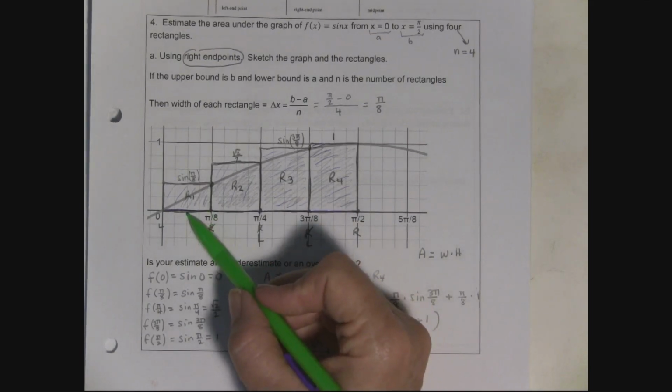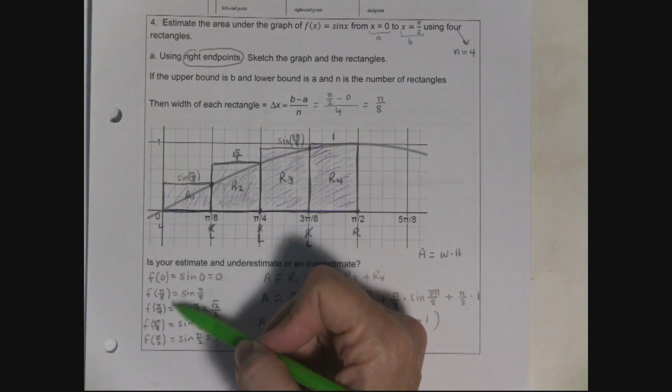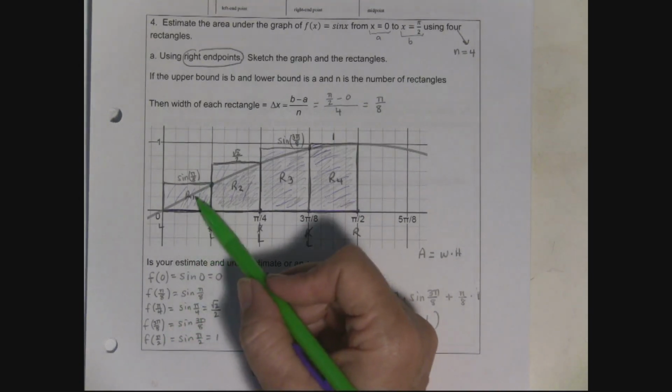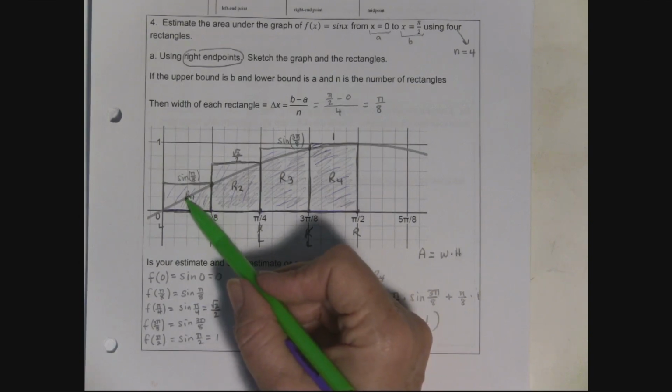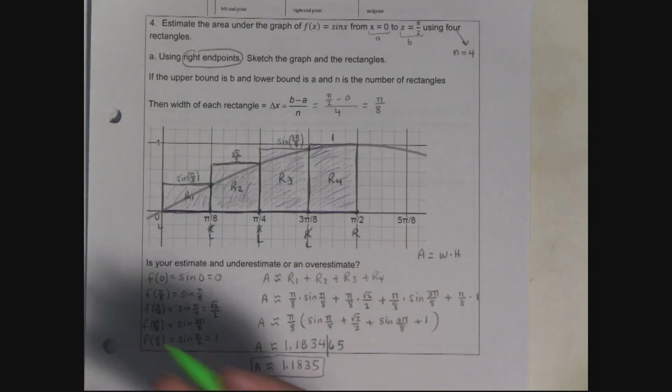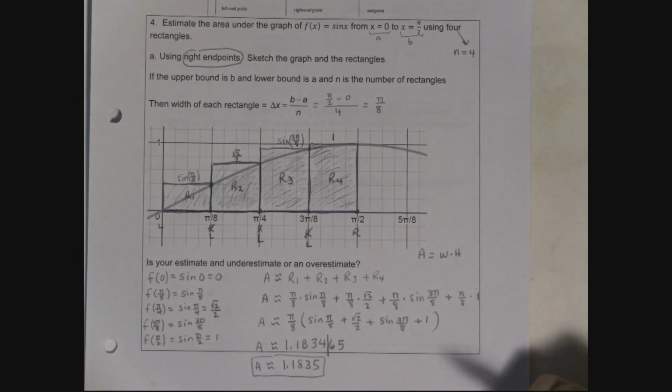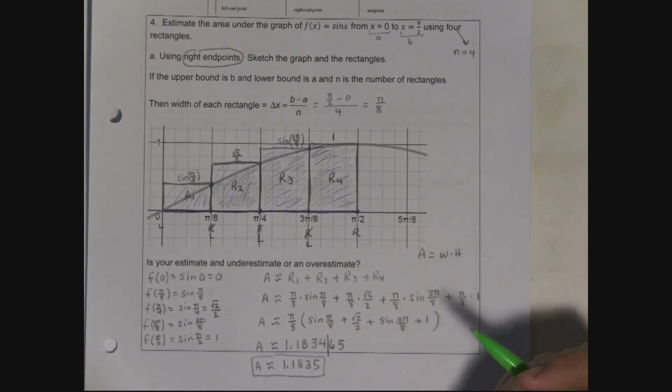So the midpoint would be right here, and you would need to find what the midpoint is, and then what the height is, and then you would be drawing your rectangle in there, and so on along the way.